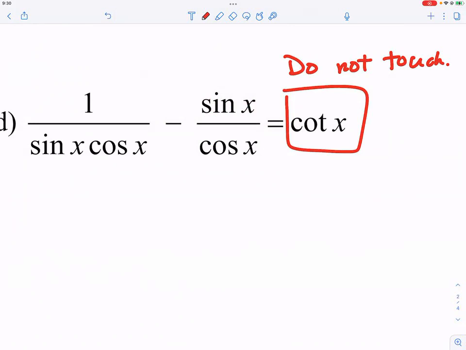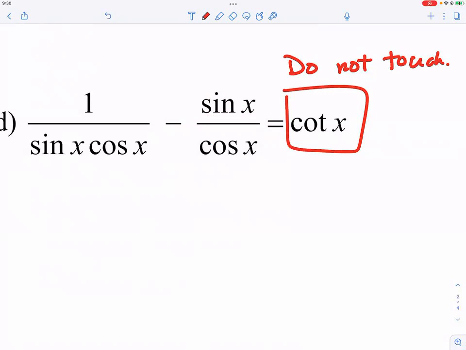Do not touch it. We tend to work on the more complicated side to make it simple. It's more challenging to make the simple side more complicated, but a lot easier to make the complicated side more simple. So in this case, let's keep the right-hand side untouched and just fix the left-hand side.